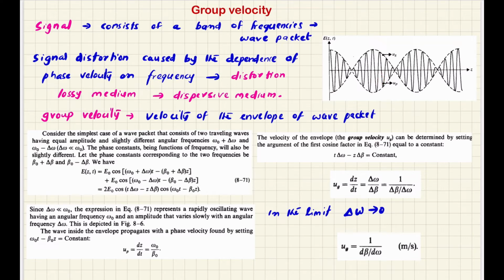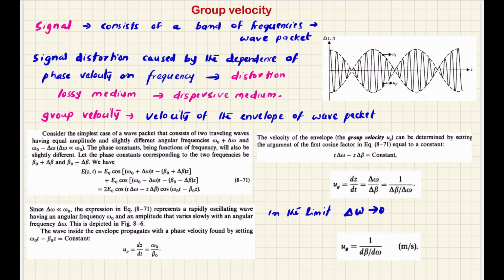Now, in order to find an expression for the group velocity, we consider the simplest example, the wave packet created by the superposition of two waves, one of which has frequency omega 0 plus delta omega, and another which has omega 0 minus delta omega.